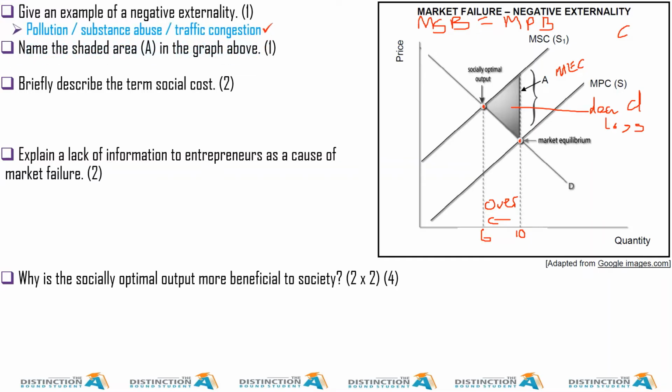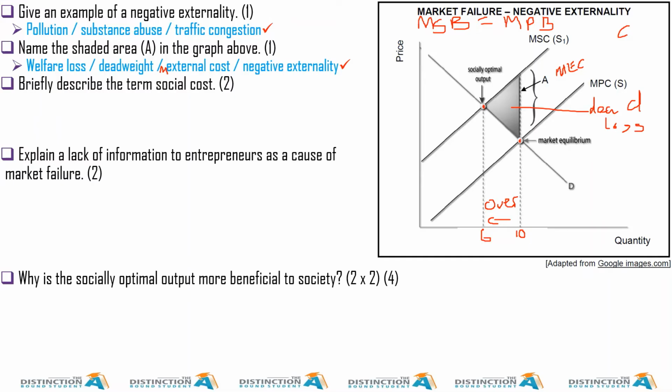I told you that. Pollution, substance abuse. Yeah, things like that. Name the shaded area. I've done that already. Deadweight loss. Welfare loss. Negative externality. You can also say it's the external cost. You can call it the marginal external cost, like I said here. But you see, I put the word M there, marginal external cost.